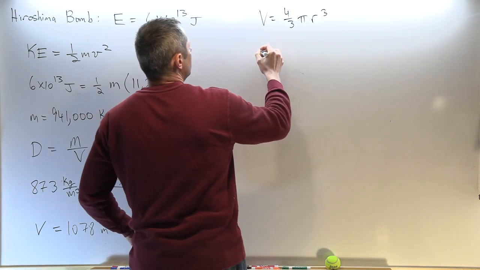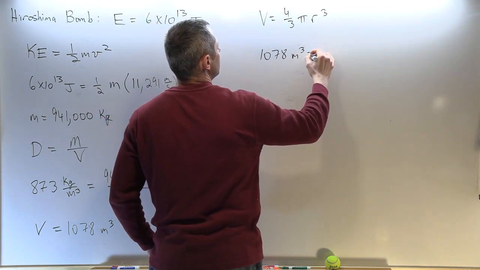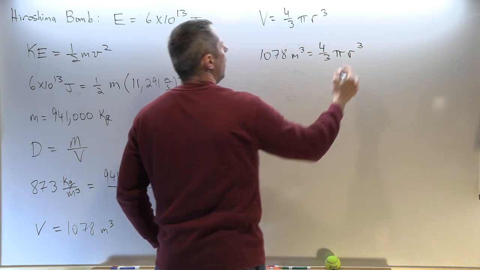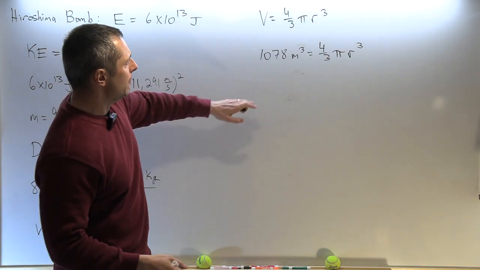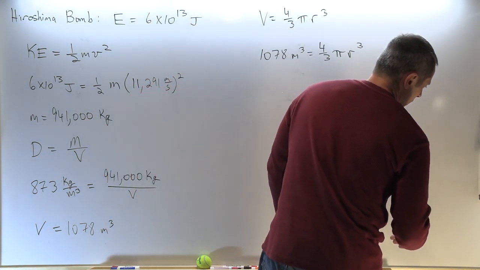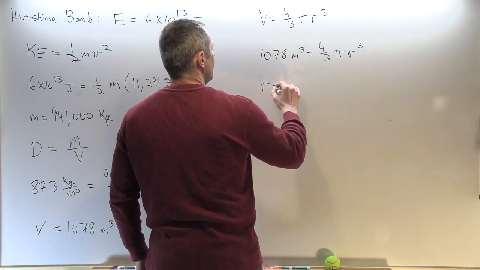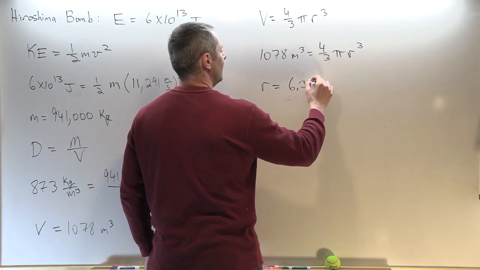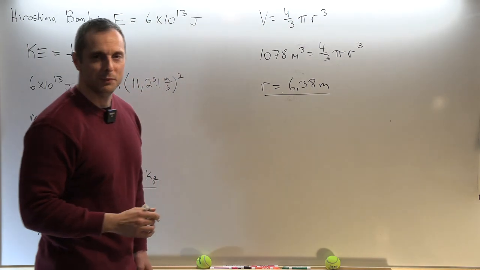If I take that volume and r is unknown, and I do a little algebra, multiply by 3, divide by 4, divide by pi to get those to the other side, and then take the cube root of both sides, what I would get is approximately, ready? 6.38 meters.